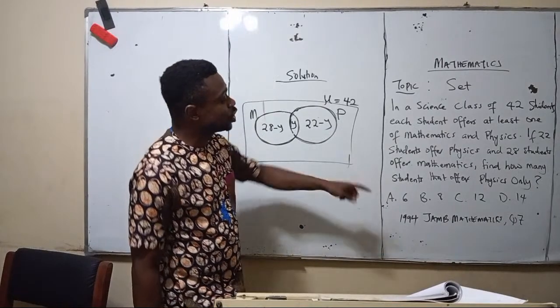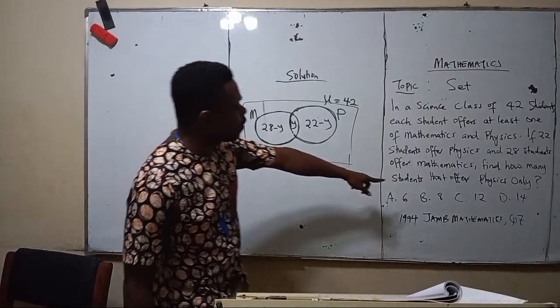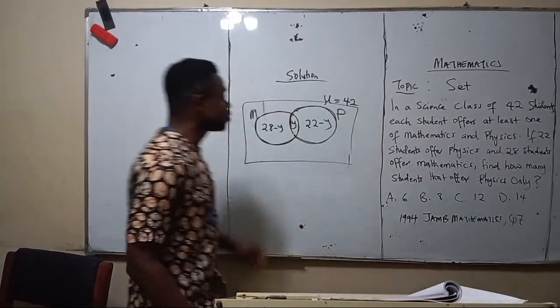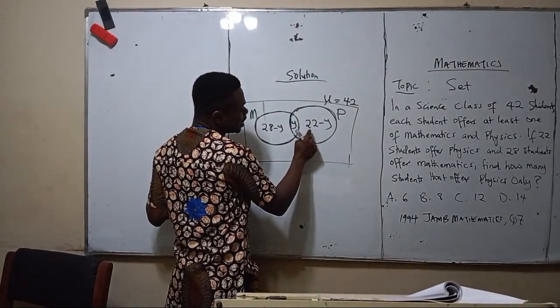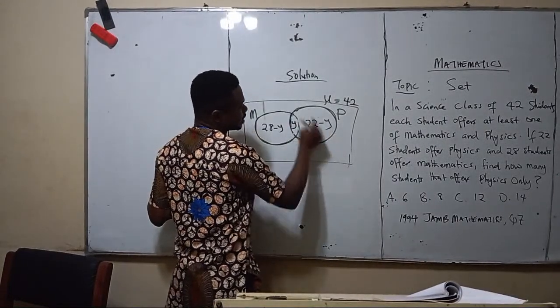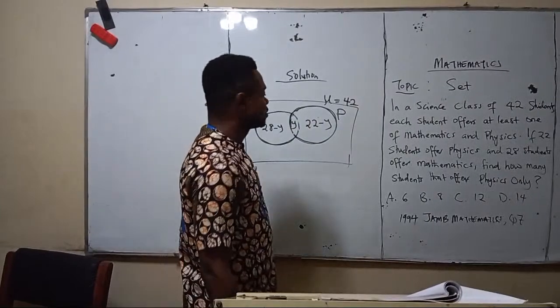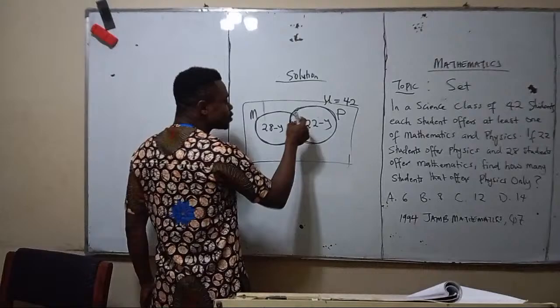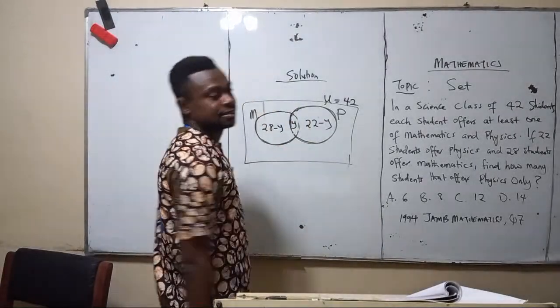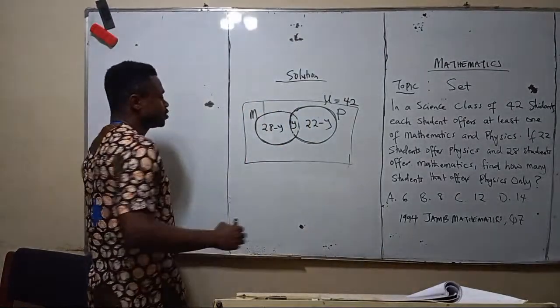Then, since you want to know the number of students that offer physics only, you subtract whatever value you get from 22. So you do 22 minus Y. It will give us the number of students doing only physics. So let's do that.